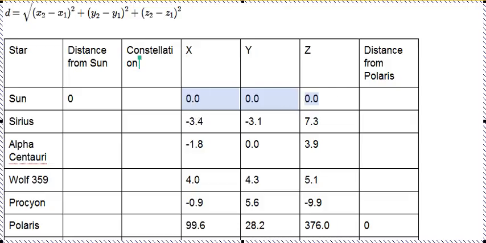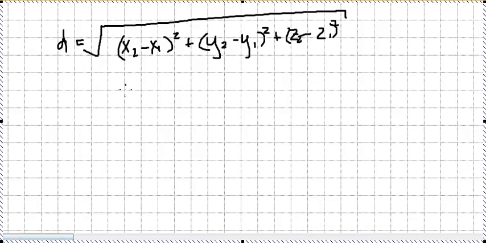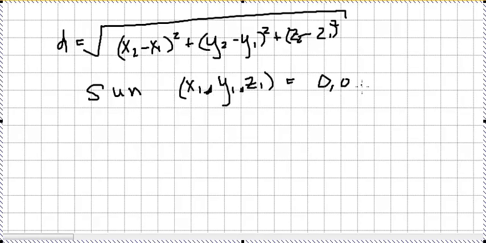So our x1, y1, and z1 are equal to 0, 0, 0. Sound good? So wherever you see an x1, a y1, or a z1, plug in 0, 0, 0. Those are easy.